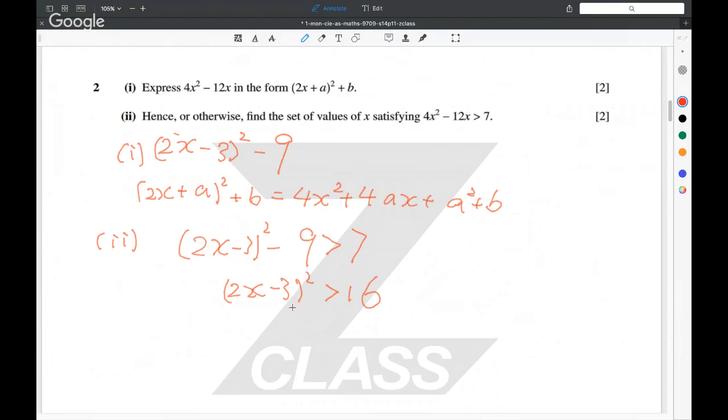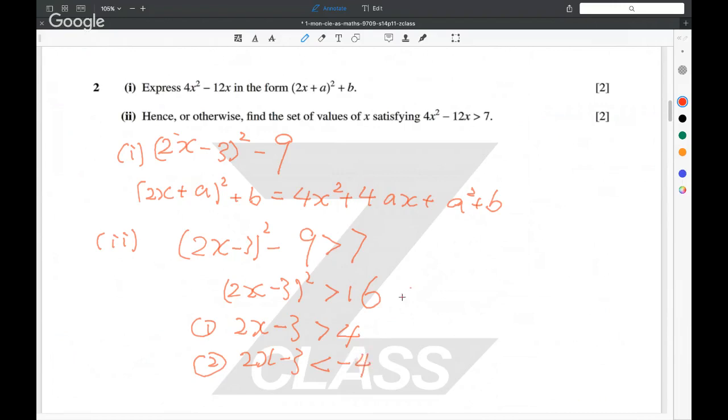And because when you take the square root of something, there's always a positive or a negative possibility, we'll have to consider that 2x minus 3 is greater than 4, or that 2x minus 3 is less than minus 4.